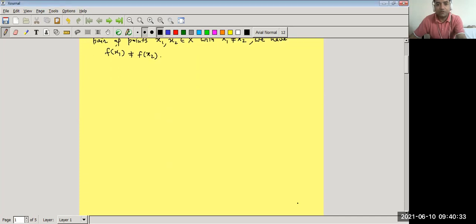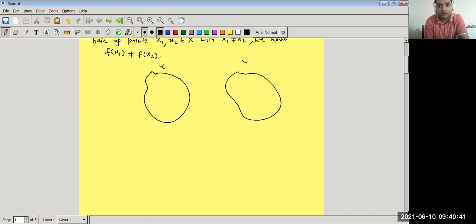If we think about this function, this is our set x, this is y, f is a mapping from x to y. If we take x1 and x2, x1 is not equal to x2, both are distinct.